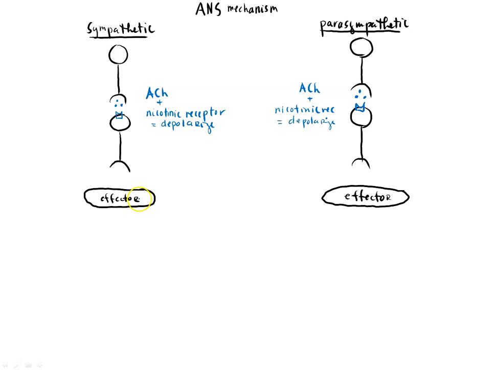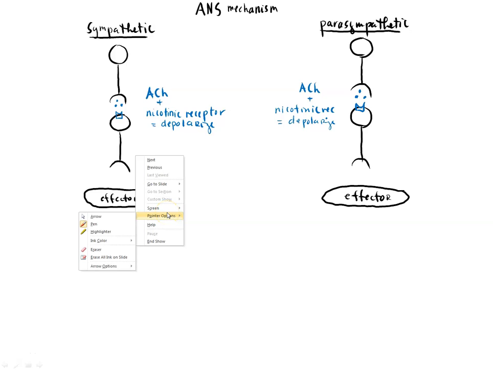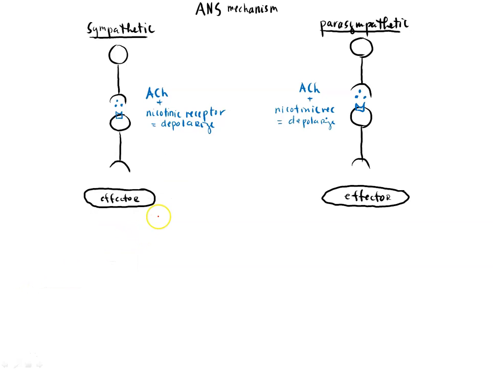Now, the second neuron in the sympathetic pathway utilizes the following neurotransmitters or hormones. I'm going to make it in red, okay? We're going to use the neurotransmitters norepinephrine and or epinephrine, always for the sympathetic nervous system.